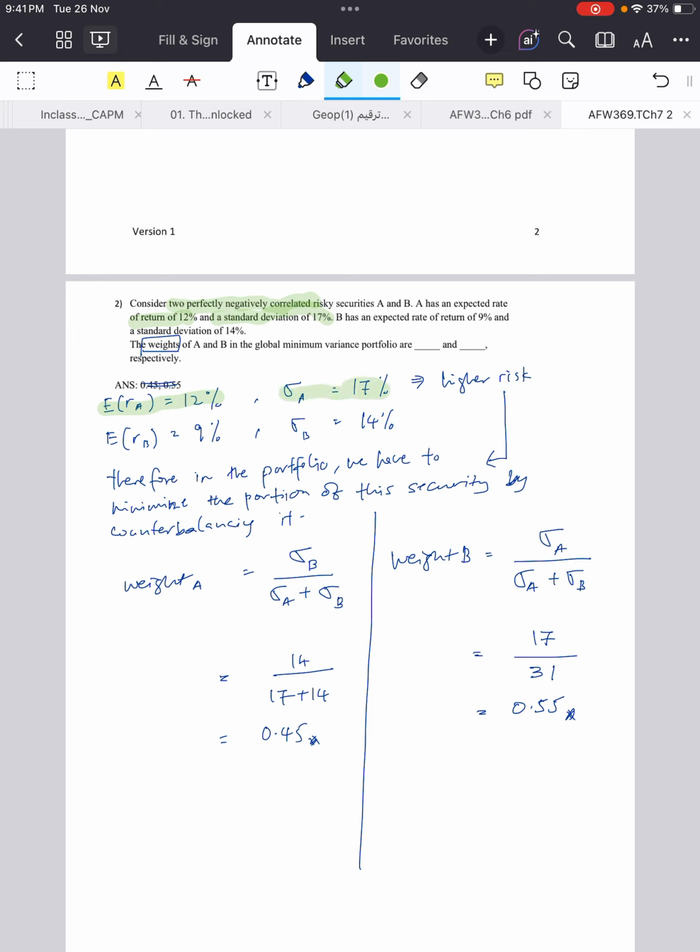B has an expected return of 9% and a standard deviation of 14%. So basically here we can see that security A has the higher risk. Now, what do you need to do? What does the question want? The question wants the weights of A and B in the global minimum variance portfolio.